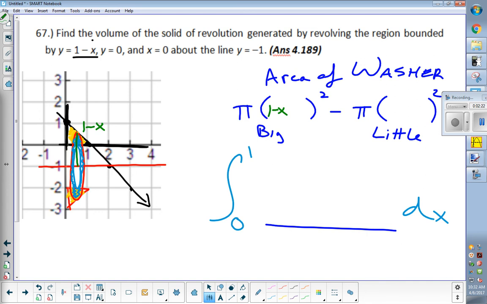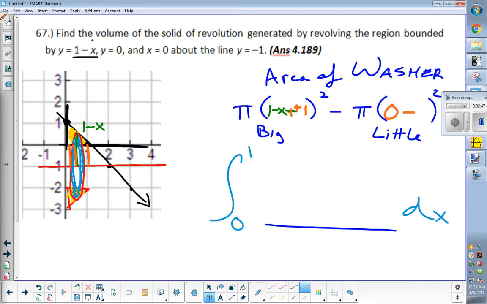1 minus x, top minus bottom. So it's 1 minus x minus -1. So if it's minus -1, it becomes plus, which is going to be important here. All right? And then the same thing with the second one. So my little circle is going from here to here, from there to there. So it's going from 0 minus the line we're revolving around.